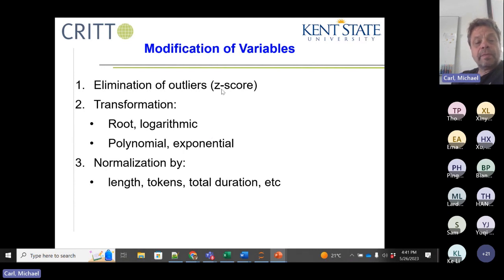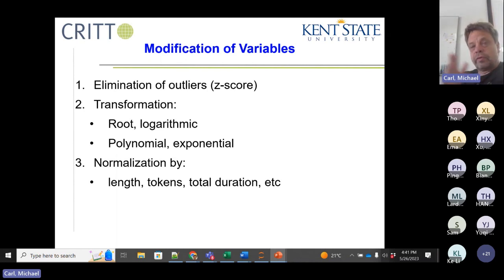So, one way to take out the outliers is based on the Z-score, and that's what we discussed last time, remember? The Z-score relates to the standard deviation, and everything that is 3 or so, well, people have different kinds of approaches there.